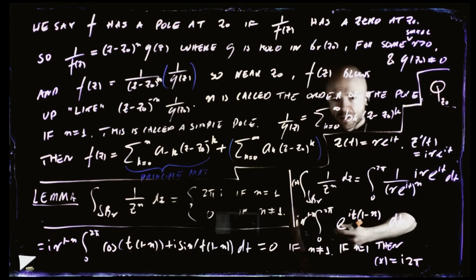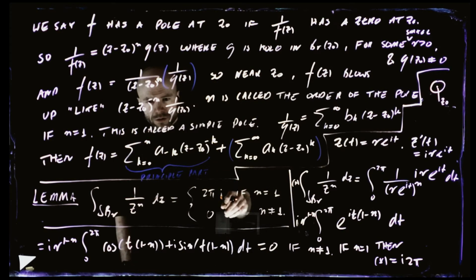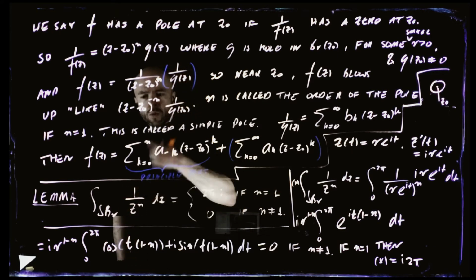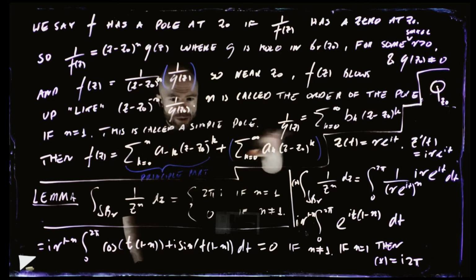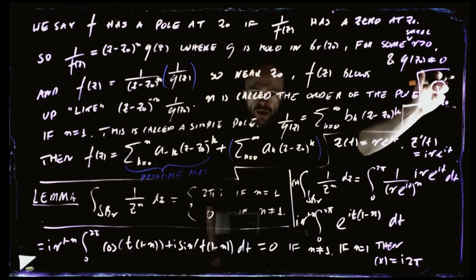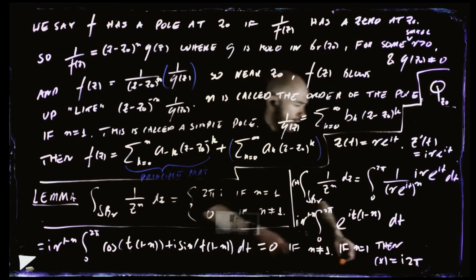We make the circle small enough so that it's within the radius for which this representation holds true. Now I'm going to raise the board. I want you to think about what will be the integral of a function f, which has a pole and therefore is representable this way, when we integrate it around the little ball of a small radius around z0. Think about that while I raise the board, and then tell me about it when we're done.